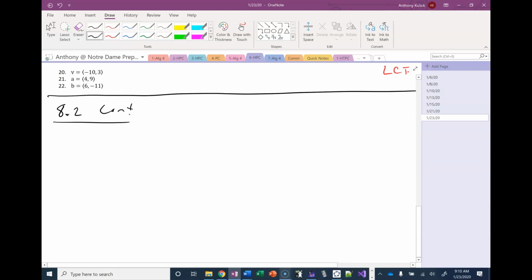In section 8.2, we've been talking about operations on vectors. So we talked about vector addition, subtraction, and scalar multiplication. Today we're going to talk about another type of vector multiplication called the dot product. Or we're going to start anyways by talking about that.